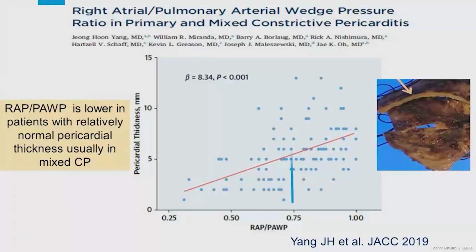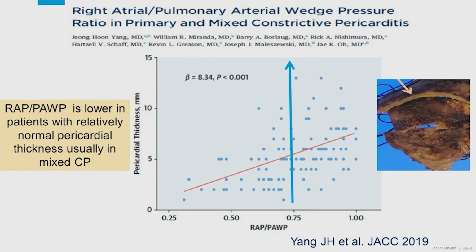And this is interesting data we just published a year ago, showing the relationship between the right atrial pressure over pulmonary arterial wedge pressure ratio and pericardial thickness. The patients with relatively normal pericardial thickness here are the patients with mixed constrictive pericarditis.